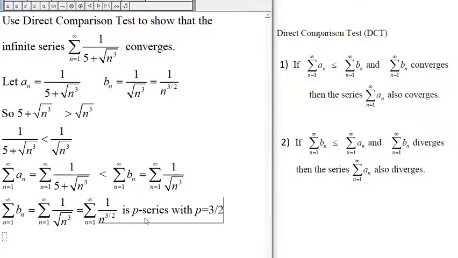And recall that if we have a p series with p greater than 1, then the series converges.